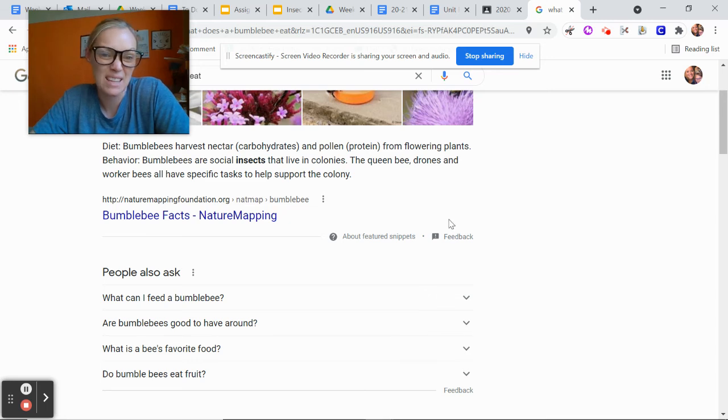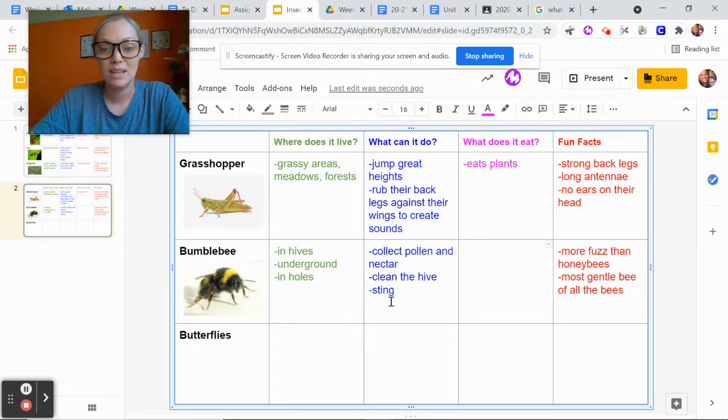So that's what they eat. It said they collect it, but they don't just collect it. They collect it so that they can eat it. So I'm going to put, what does it eat? Pollen and nectar.